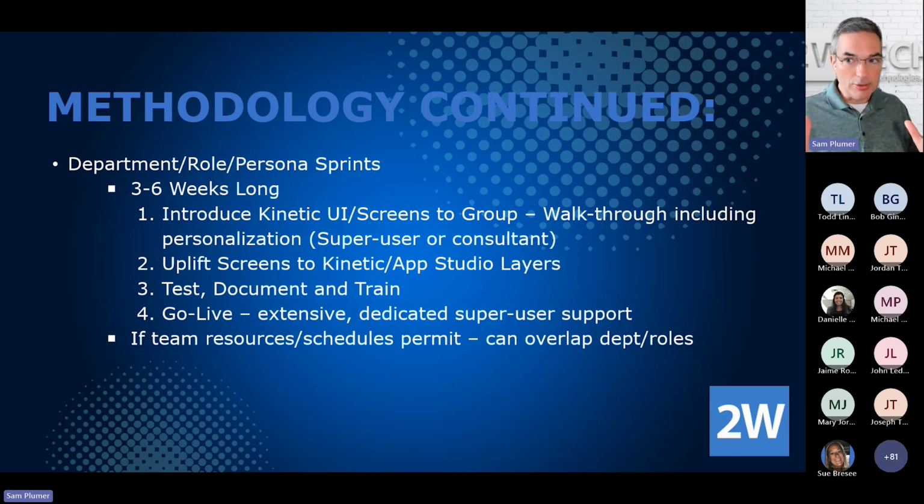But again, depends on the size of your organization and their ability to work together as a team, which again comes back to the importance of that super user or group lead that I talked about a few slides ago. Depends on them. And it also depends on the level of customization or personalization necessary to support that group.